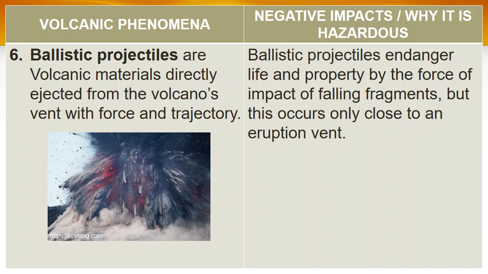So, for example, a farmland or a house that is near an erupting volcano is the most vulnerable or prone to ballistic projectiles. Okay, so we are done with the volcanic hazards.